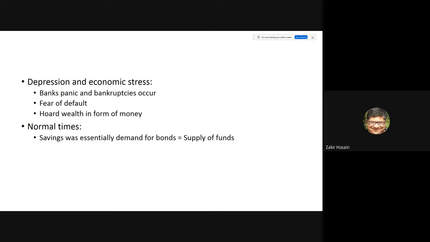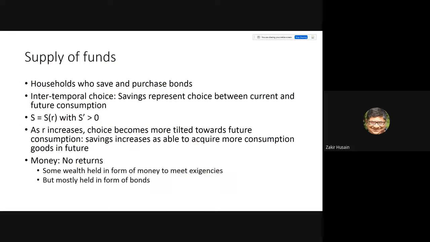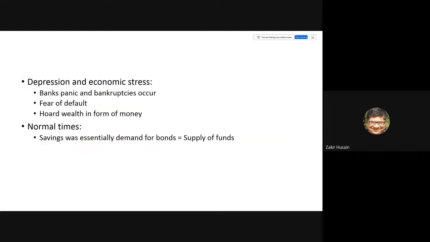Now, in the case of the savings, suppose you have depression and economic stress. See, there can be a bank panic, there can be a run on banks, bankruptcies will occur. And so you feel that, okay, if I'm going to lend out or keep it in the form of fixed deposits, term deposits, it's possible that I'm going to lose my money.